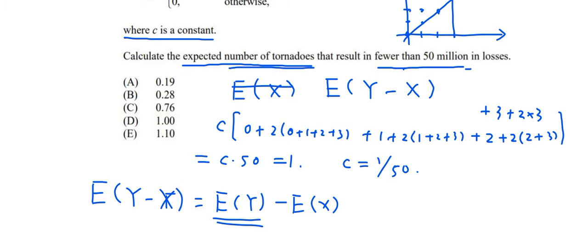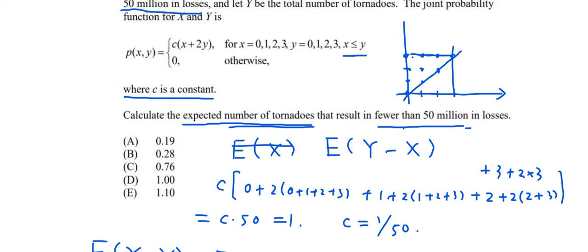So we can just check Y minus X. Here the line Y minus X equals 0 is this line, and for Y minus X equal 1 we have 3 points. Then Y minus X equal 2 and Y minus X equal 3.